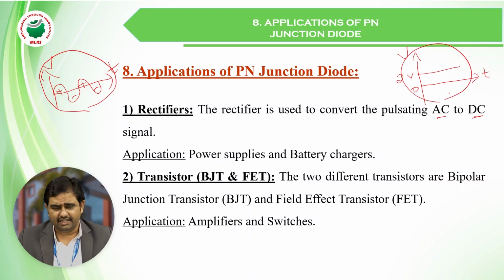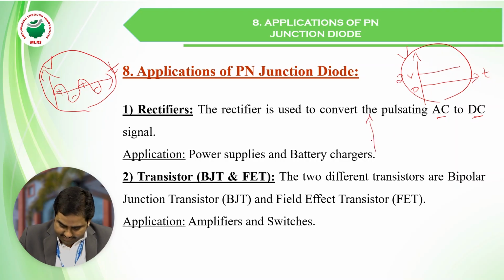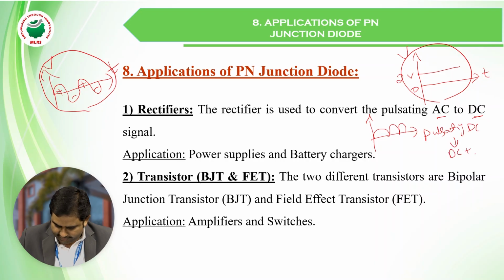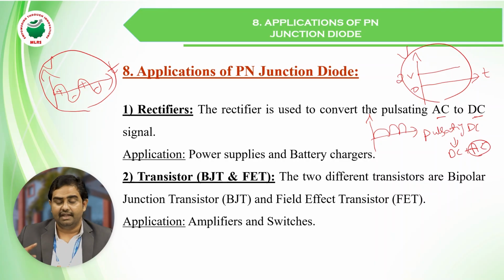But not pure DC, we call it pulsating DC. Pulsating DC means it will be like that. It consists of DC along with some part of AC, or a little bit of AC component will be present. Later we will use a filter to remove that AC part.